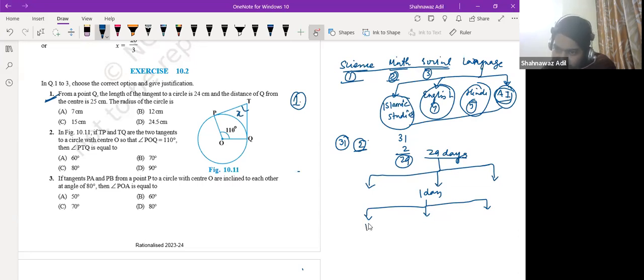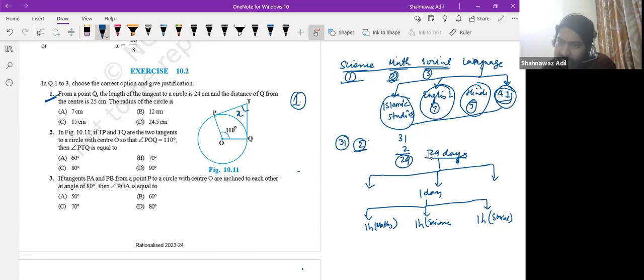Let's say you give 1 hour each to math, science, and social science. I guess all these have nearly 14 chapters, not more than that. Maths has 12 chapters, science has a little more, and social will be 15, I guess.